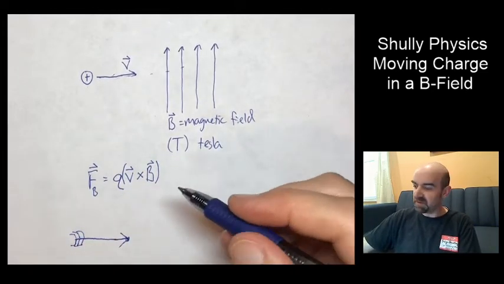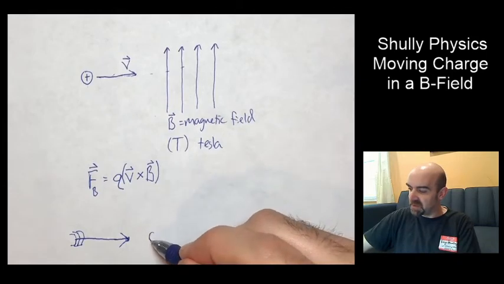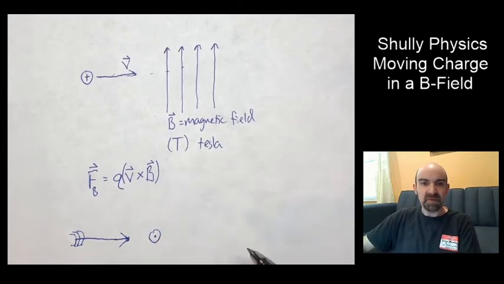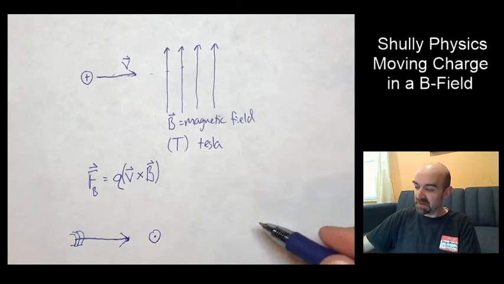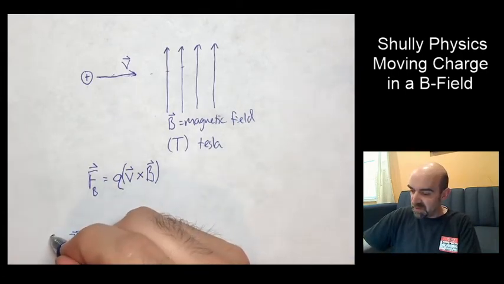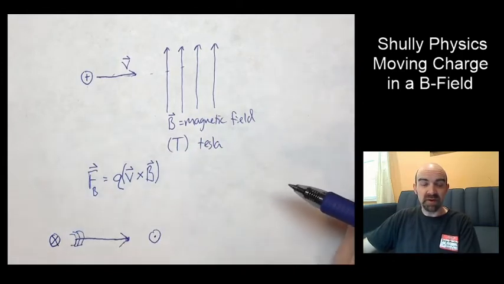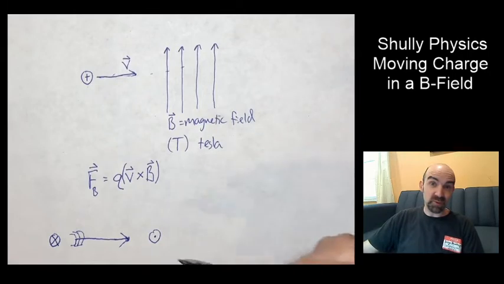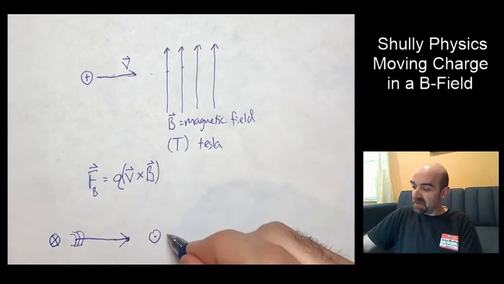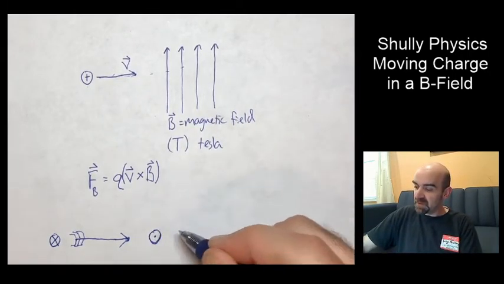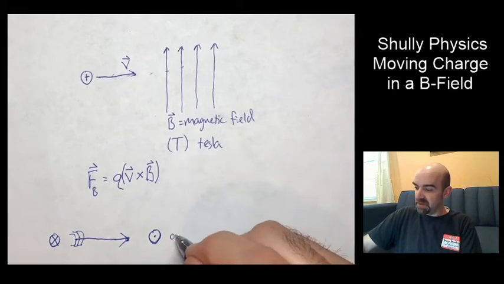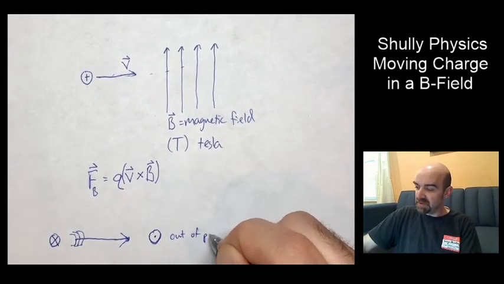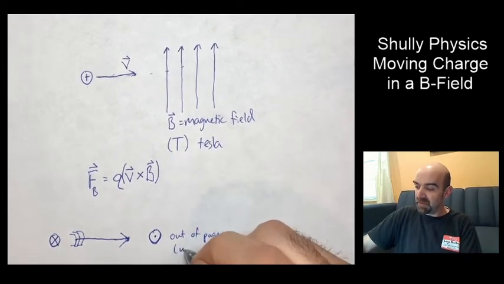Sometimes if you look at an arrow from the front, it looks like a point. Or if you look at an arrow from the back, you see the fletching, which makes a crisscross pattern. So in physics, when we're talking about three-dimensional space with a two-dimensional paper, we use this symbol to represent the vector direction out of the page, or up.